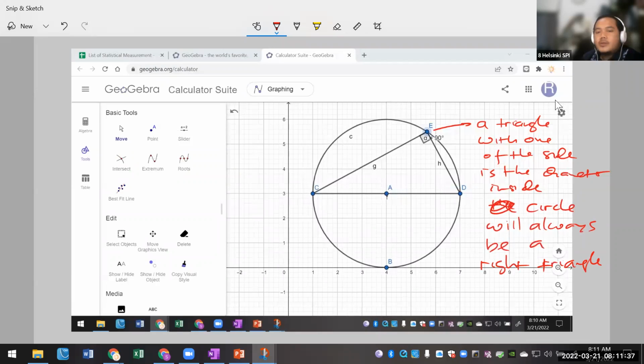So if you see a triangle inside a circle, and one of the sides is the diameter, it will always be a right angle triangle.